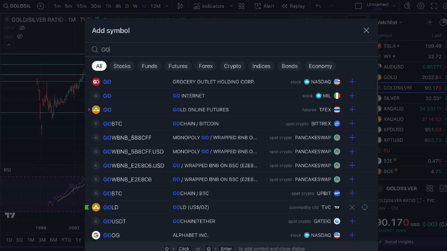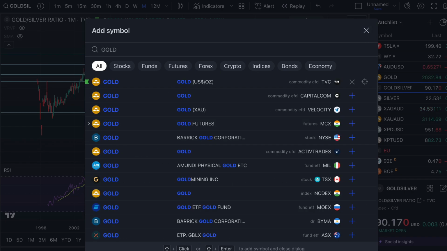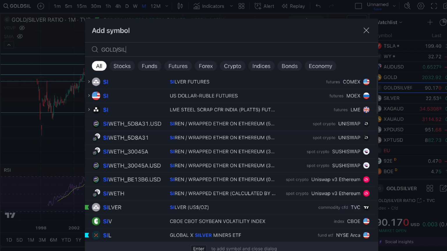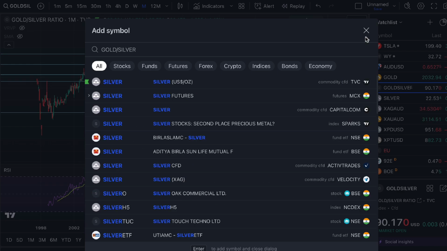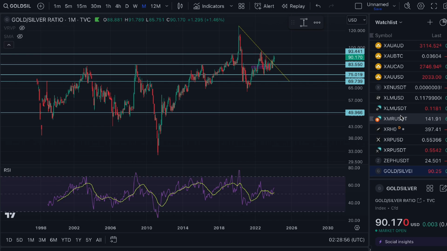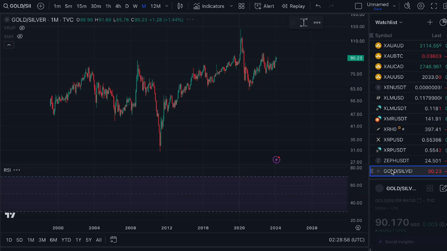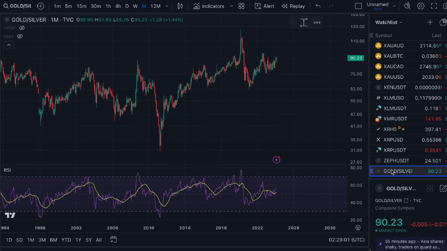If you want to do it yourself, type in gold / silver. Now click on this top one right here and hit enter, and that should come up for you right there. That is the gold to silver ratio. So if you want to keep track of it yourself, you can certainly do that.